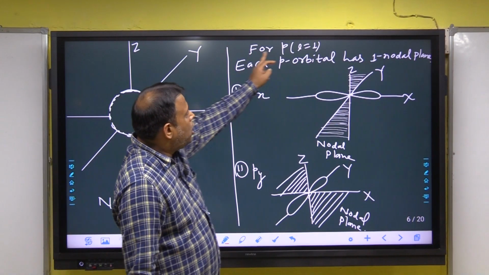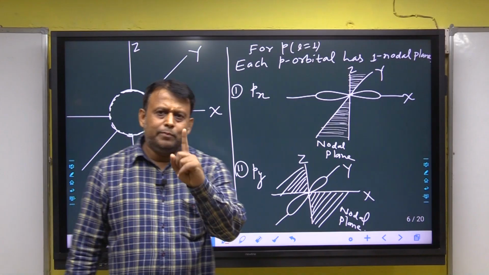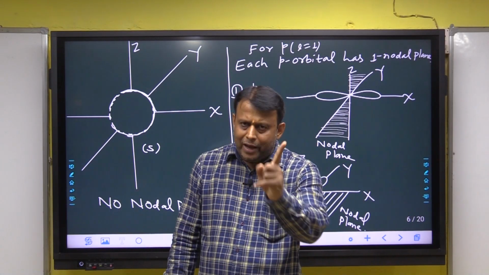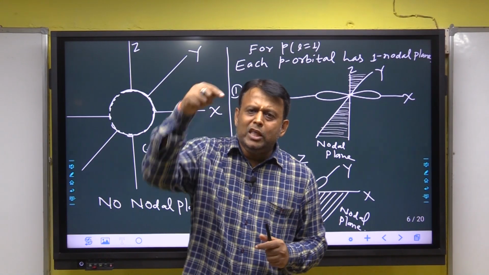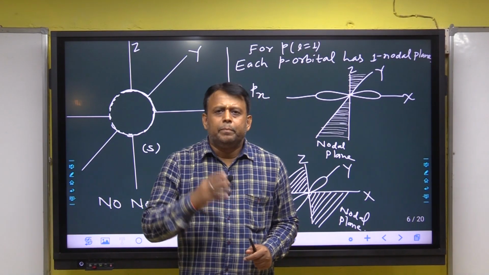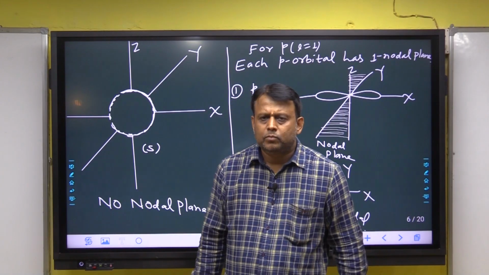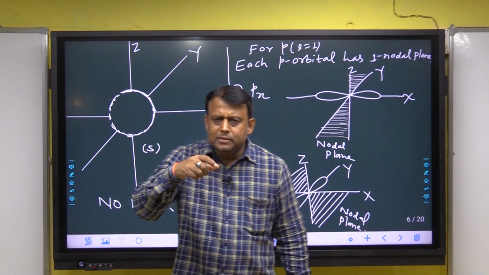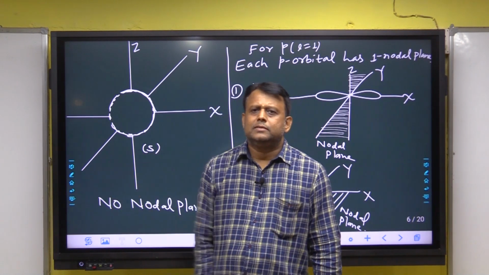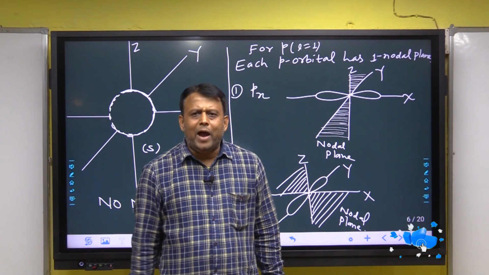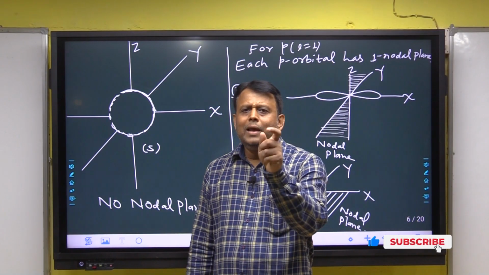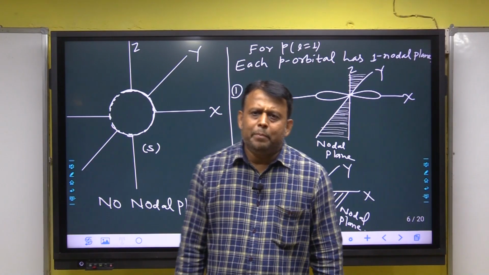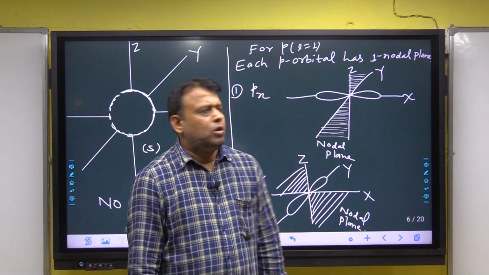And for p, the azimuthal quantum number is 1, the number of planar nodes is equal to L, and hence for any p orbital, we know that p has 3 orbitals: one is px, and px means the dumbbell lies on the x-axis; the second orbital is py, and py means the dumbbell lies on the y-axis; and the third orbital is pz and the dumbbell lies on the z-axis. Look at both.